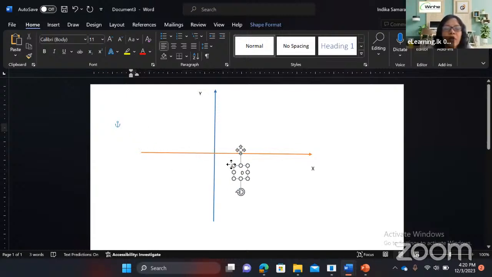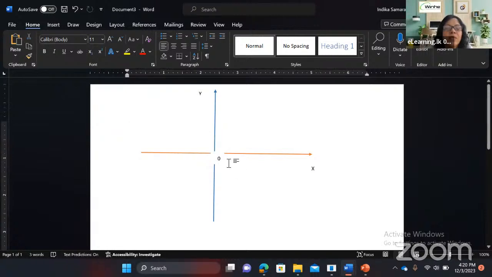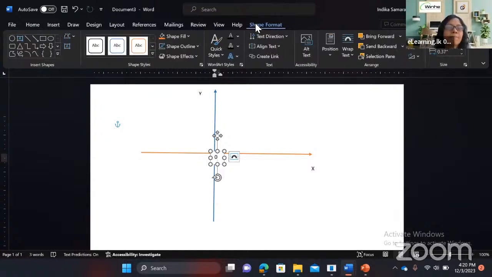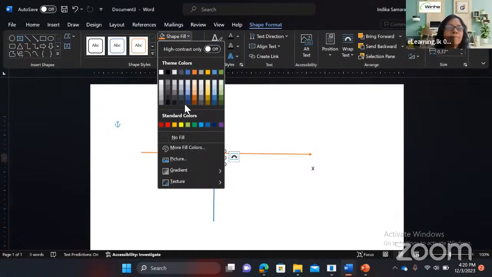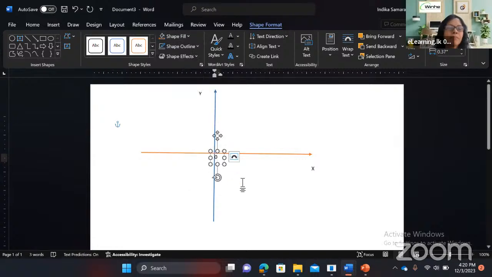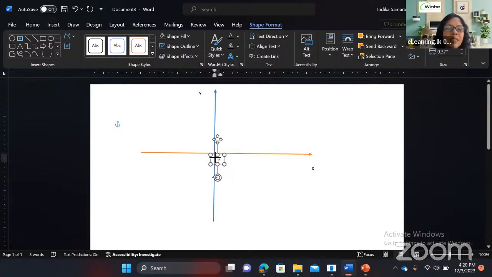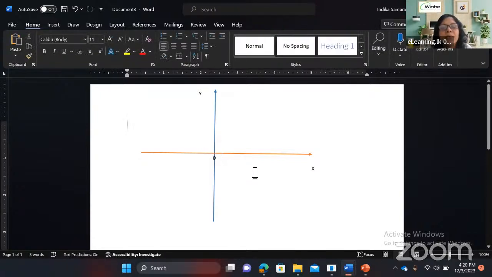The origin. The intersection of two axes, we represent by 0, right? Both axes intersect at 0, right?